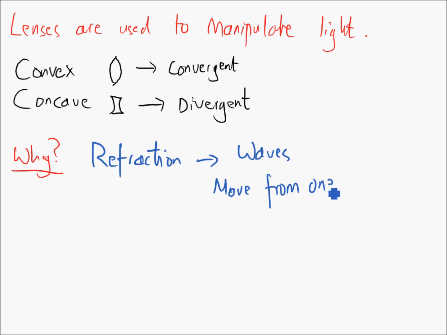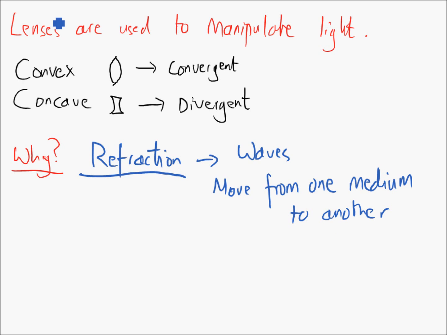So when I say medium, that's a substance through which a wave travels. So when a light wave travels from glass to air, or air to water, or air to syrup, or air to oil, or water to, whatever, when it moves from one substance to another, we get this effect, refraction.